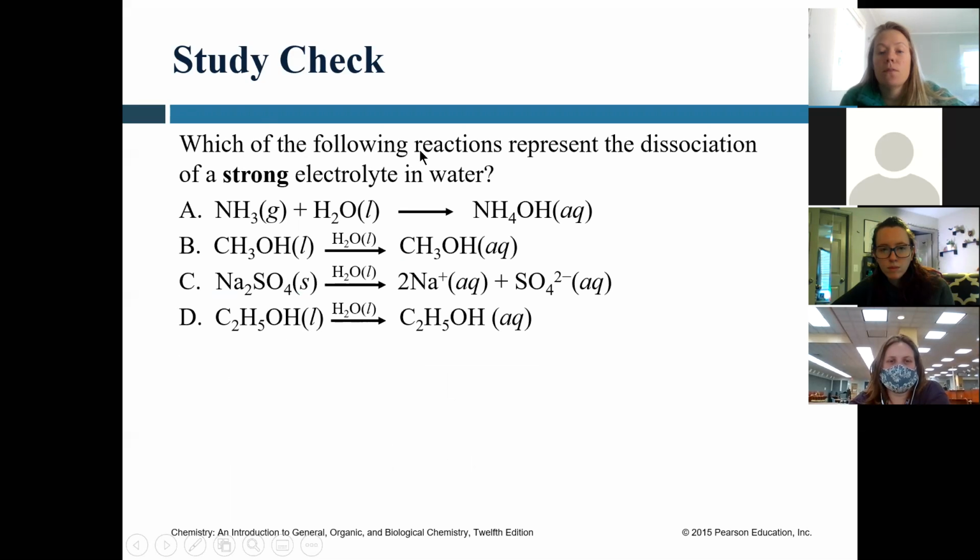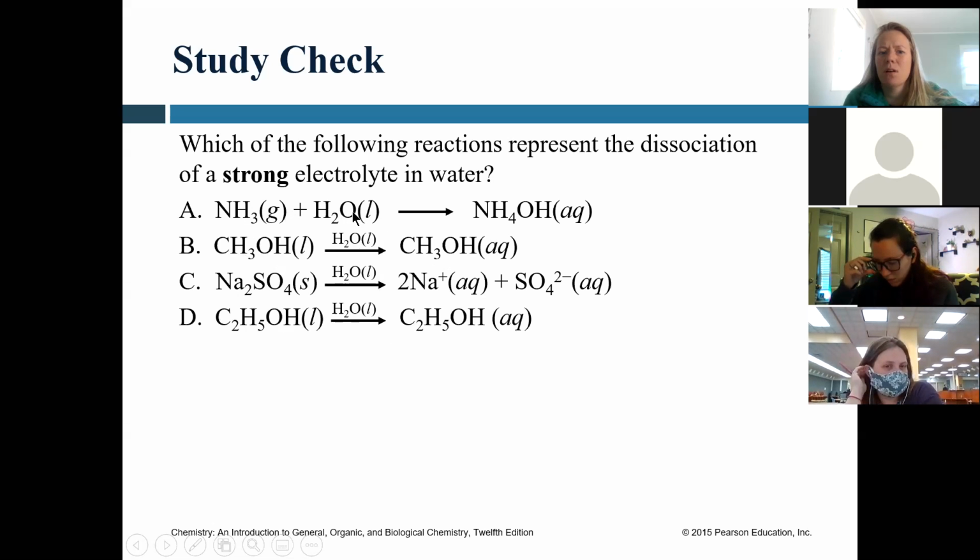So looking at this, which of the following reactions represents the dissociation of a strong electrolyte solution in water? The only thing here that's showing us a solution, this is just taking a hydrocarbon that's a liquid and dissolving it into aqueous form, but we're not separating it into its ions. Same thing with this one, right? It's a liquid and then it becomes aqueous. So we're not actually separating it to its ions.